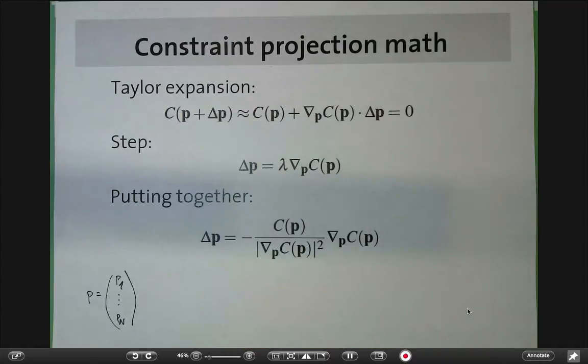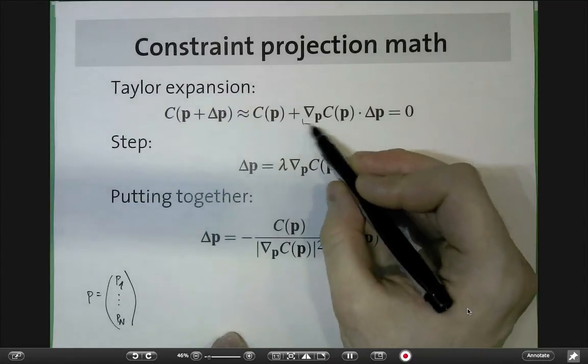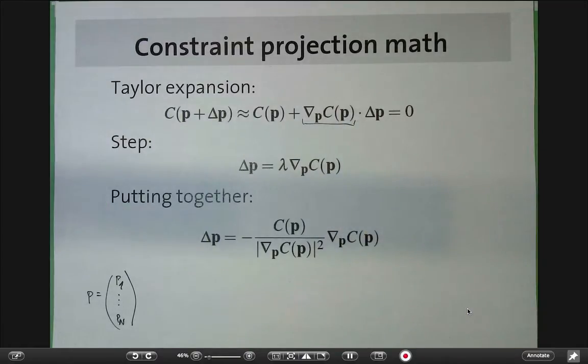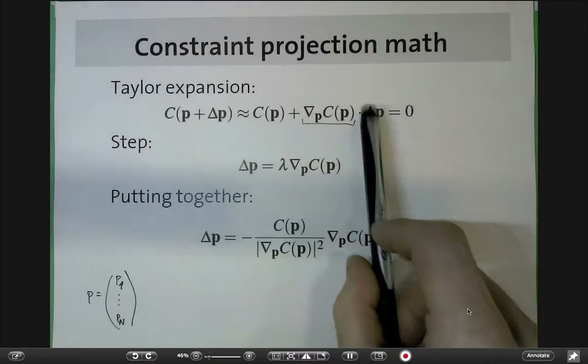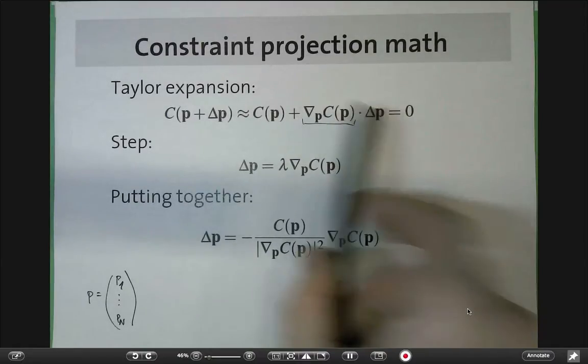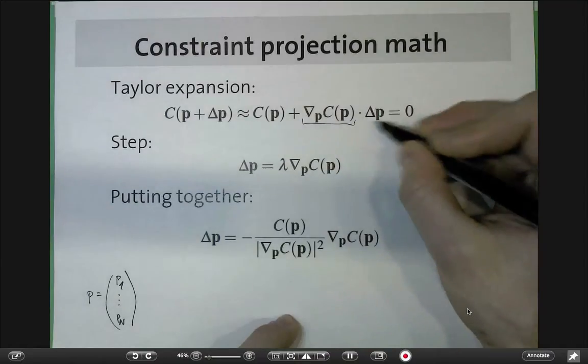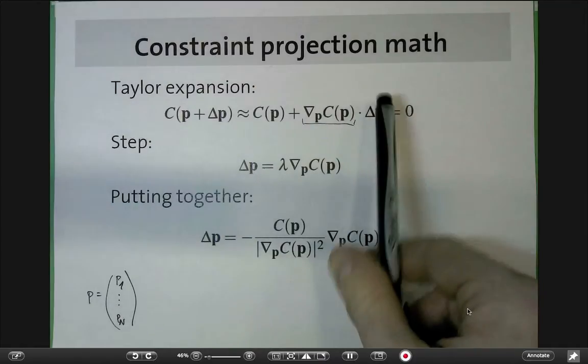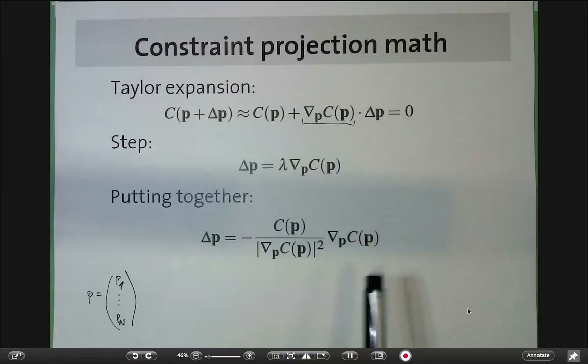This is our favorite operator, the gradient, with respect to P, of course, and this is the displacement. So don't confuse these symbols. This just means a displacement in P. I could have also used a different symbol there. I'm just trying to use the same notation as the original paper, so you have an easier time reading the PBD paper.